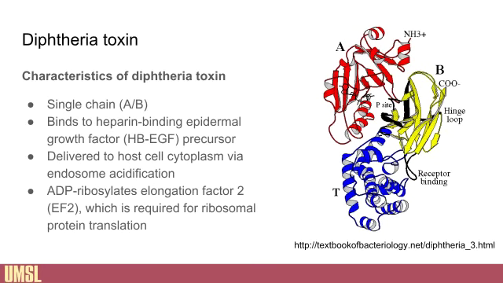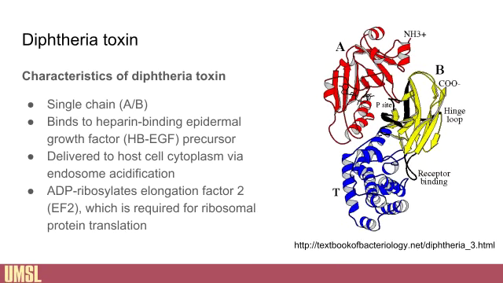It binds to a particular epidermal growth factor precursor that's present in a lot of basically epithelial cells, and so this particular toxin is very good at interacting with epithelial cells, but will interact with a lot of other tissues that also produce the same host cell surface receptor.